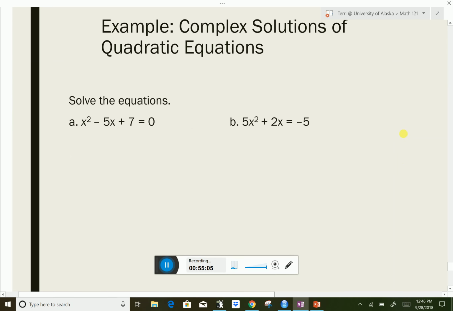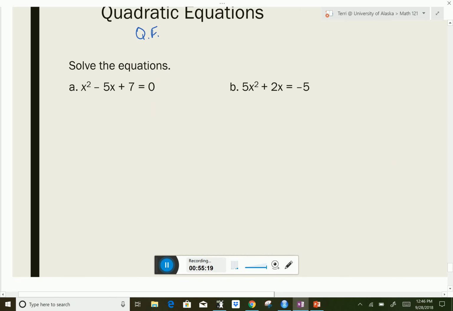So now let's look at these two. I happen to know that there is no way to factor these two problems, so we are going to use the quadratic formula. So here a is 1, b is negative 5, c is 7.